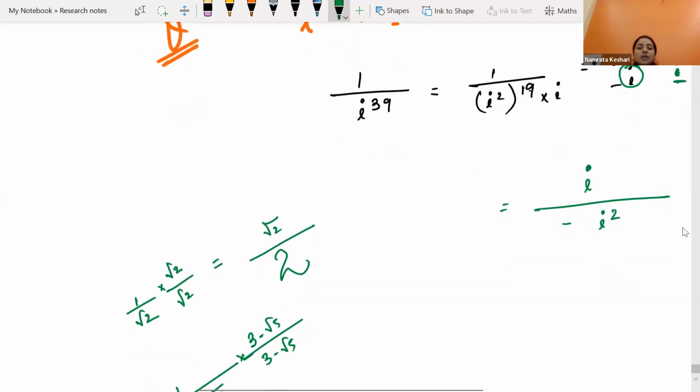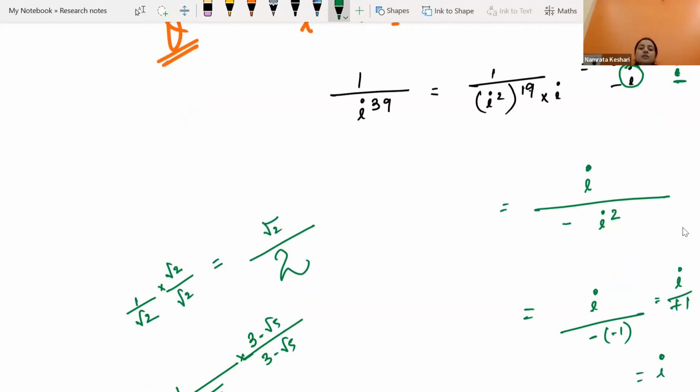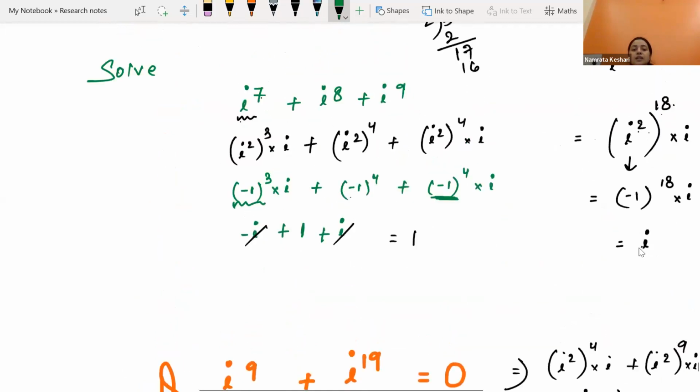So i is okay in the numerator, but we will not leave it in the denominator. And to remove that, whatever we can do, we will do it. So minus i square will be minus of minus 1, which is just plus 1. So i is the final answer. Yes or no? Yes, ma'am. Is it crystal clear, Ali and Alina?